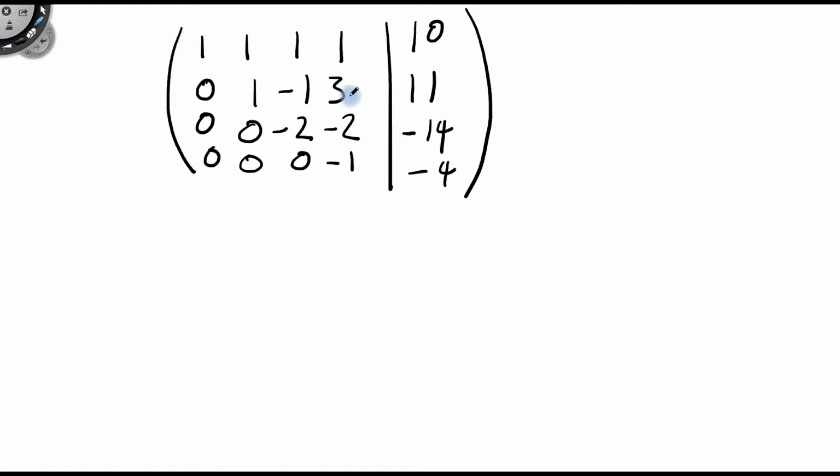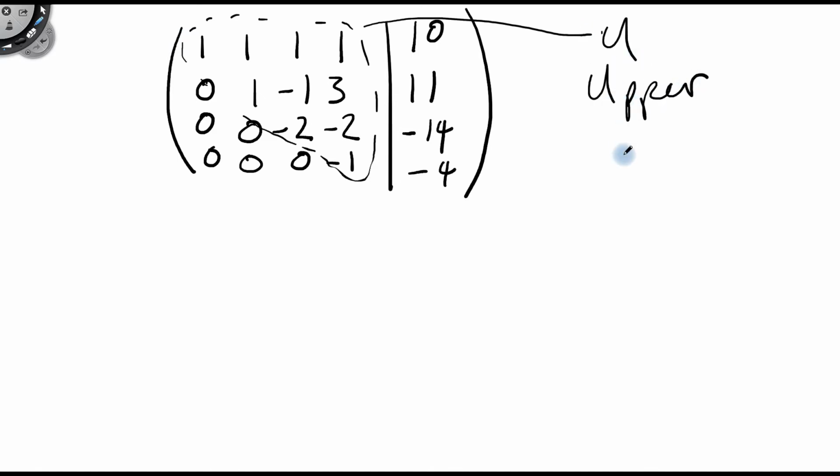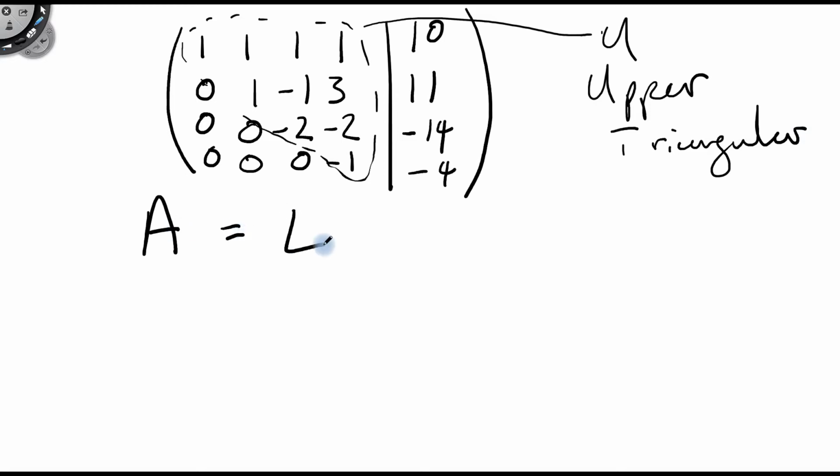So part of the LU decomposition is the U matrix, which was this triangular matrix here. I'll just do a dash around it. And that's called U, which is upper triangular. So this forms part of the decomposition of matrix A, which equals LU.